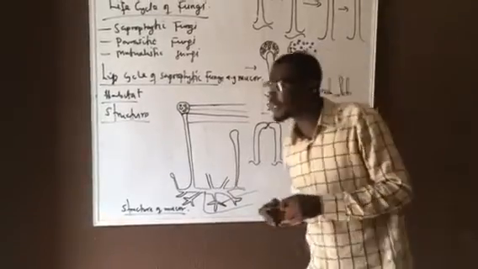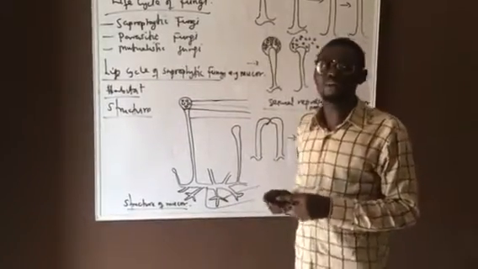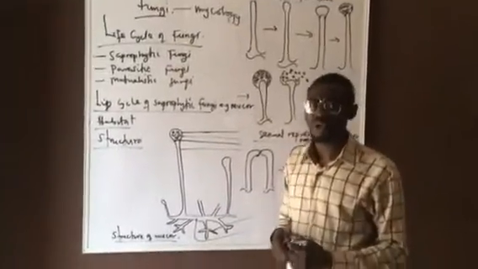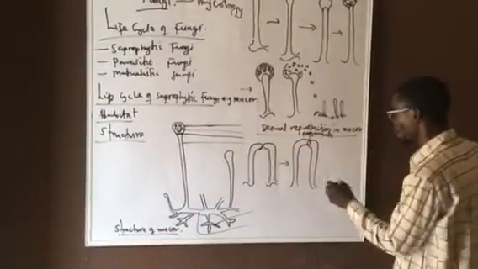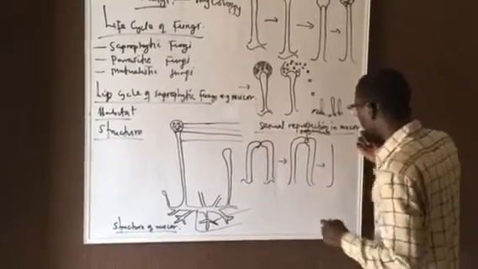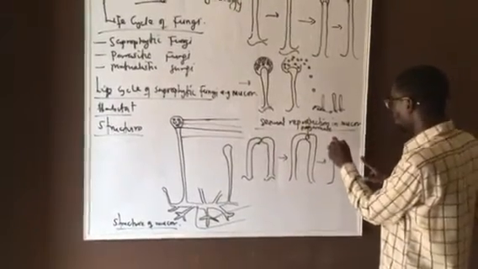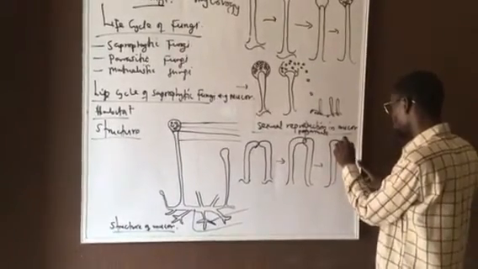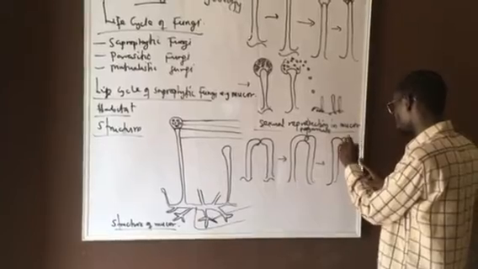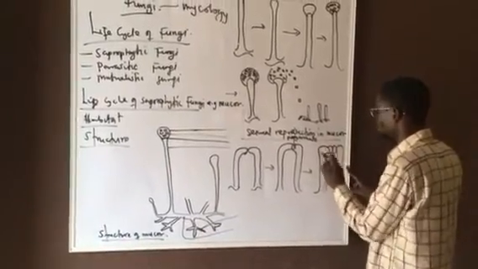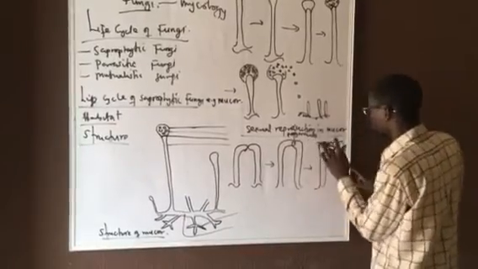This gametangium also has what we call a suspensor. The lower part of the gametangium is the suspensor. As the gametangium matures, the wall of the gametangium will break away from this part. Okay, this is the progamete.